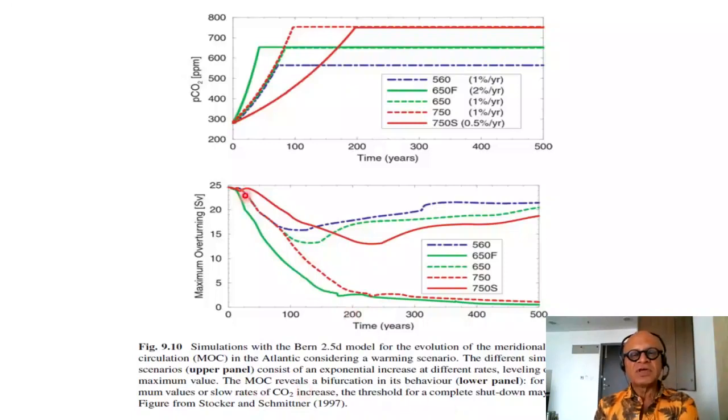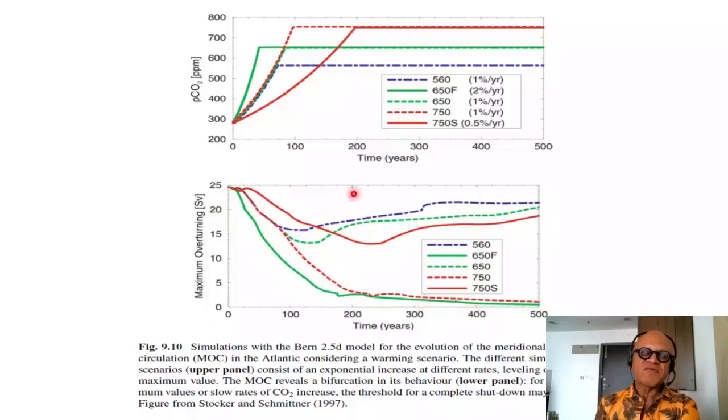Okay, so you can see that some of them collapse at high increases in CO2, but it can be avoided by making smaller perturbations of 0.5% per year. So you reach 750 but after a much longer integration, and this one seems to head down but then recovers. Similarly here, but this one collapses and doesn't come back, this one collapses and doesn't come back.